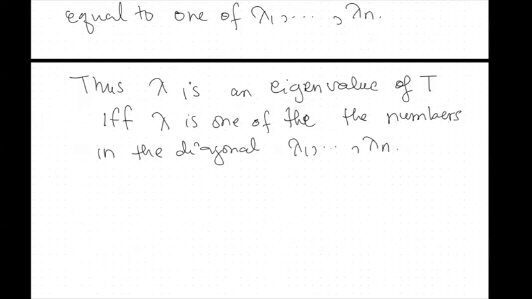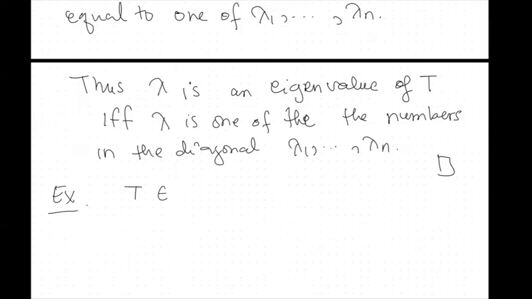So basically, the diagonal entries are the eigenvalues of our operator.